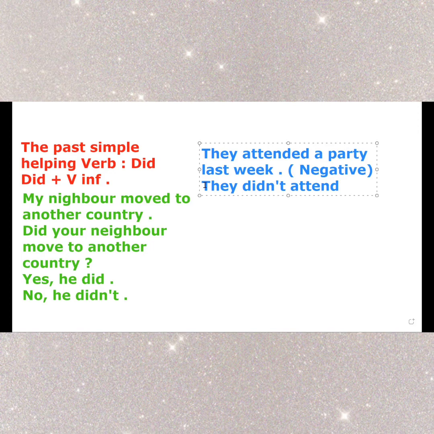So in didn't attend, attend is a base form. As long as we have did in a sentence, whether negative or positive, it must be followed by the verb in the infinitive form, the base form, with no ed at all.